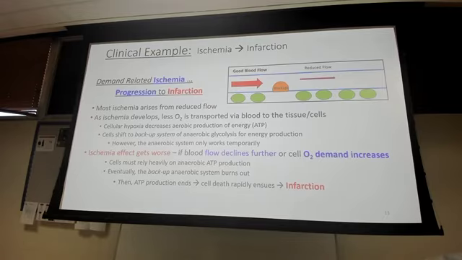If you look at this picture here, you see this orange half circle, that's our blockage. Imagine this is a blood vessel. Before that, you've got nice good blood flow, and those little green guys at the bottom, those are our cells, right? The cells that are getting that good blood flow are happy, they're making ATP, they're getting their nutrients. But past that point, you've got reduced blood flow.